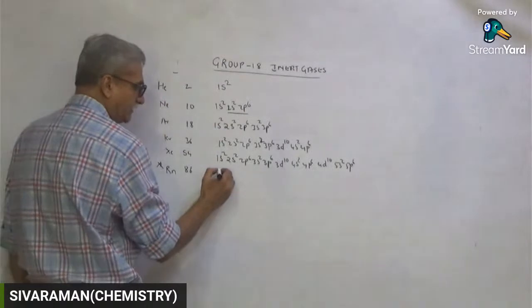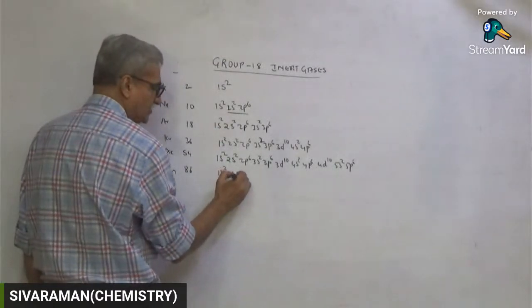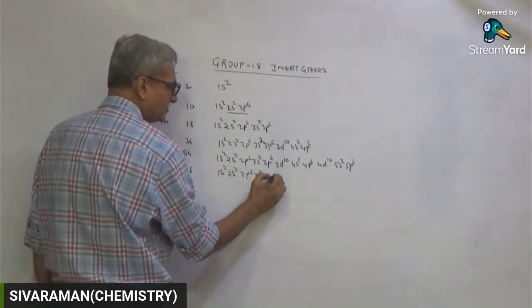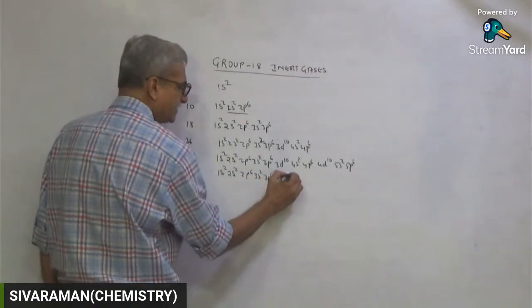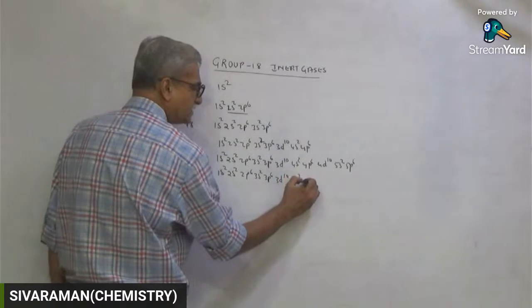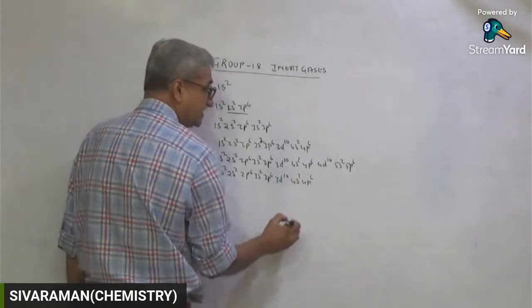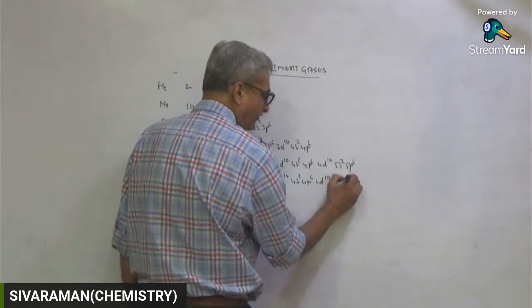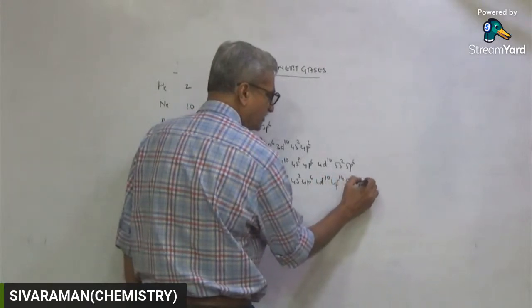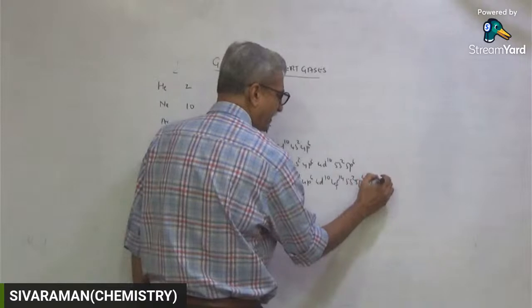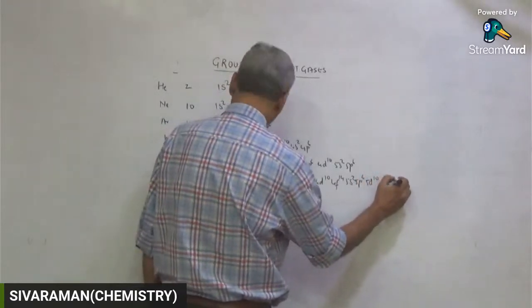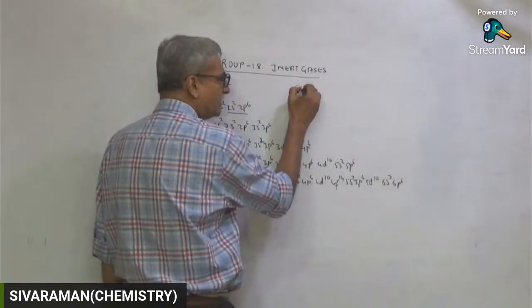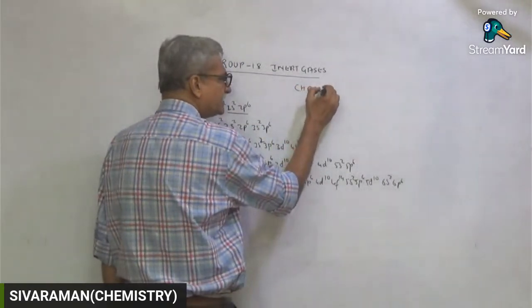And for radon we have 4f14, 5s2, 5p6, 5d10, 6s2, 6p6.